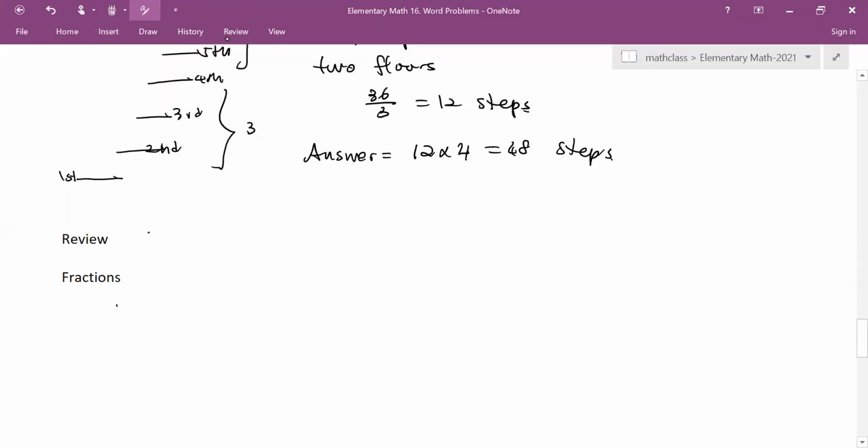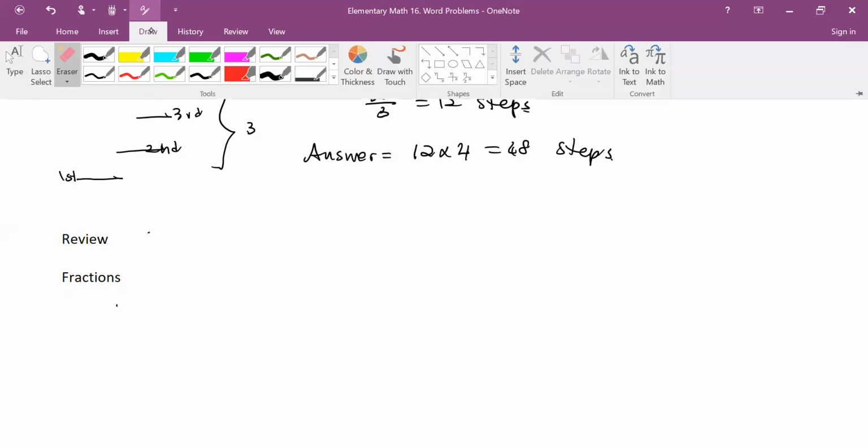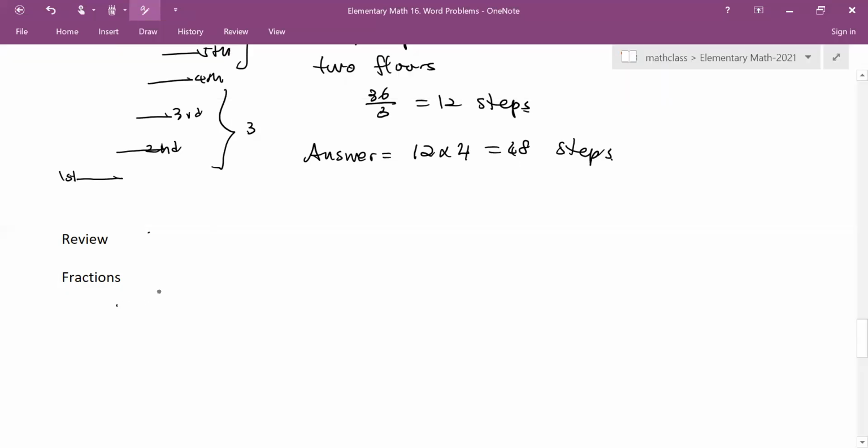Let's understand what a fraction means. Here's the general formula, A over B. This actually is a value, a quotient when A is divided by B, okay? This really means the result, okay?